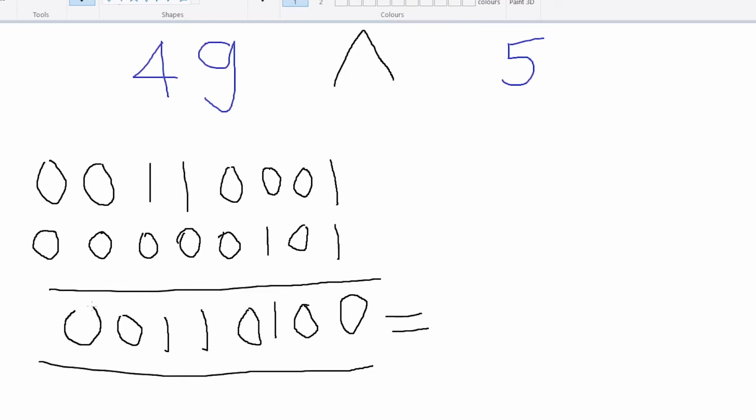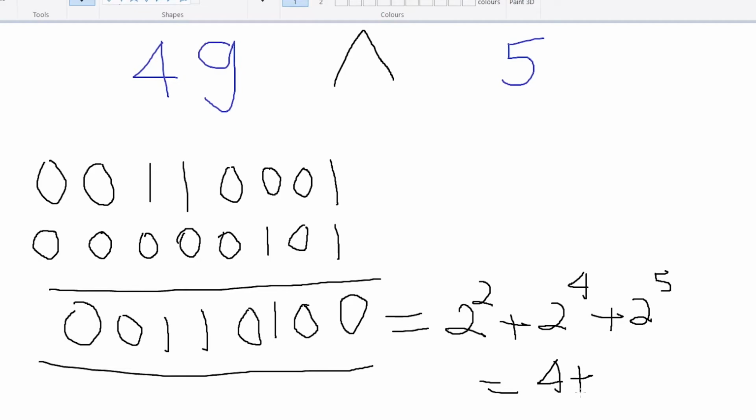0 0. So it's nothing but 2 power 2 plus 2 power 4 plus 2 power 5, which is nothing but 4 plus 16 plus 32, which is nothing but 52.